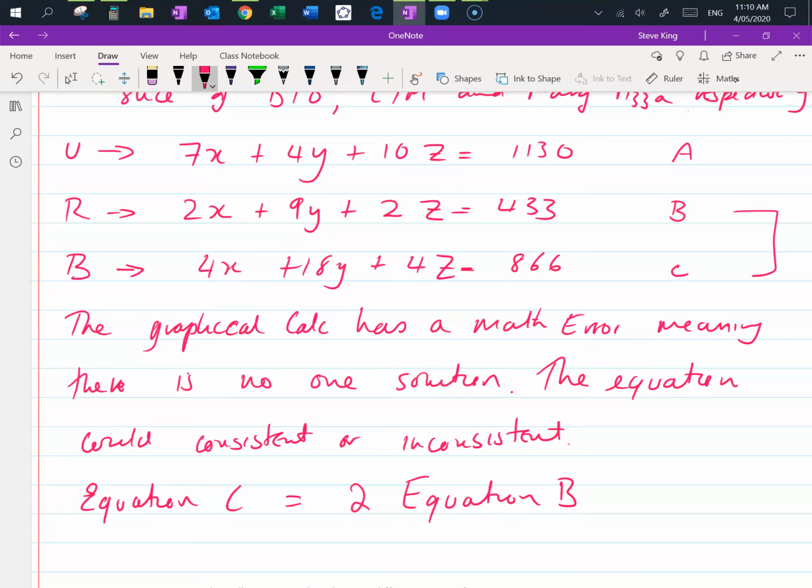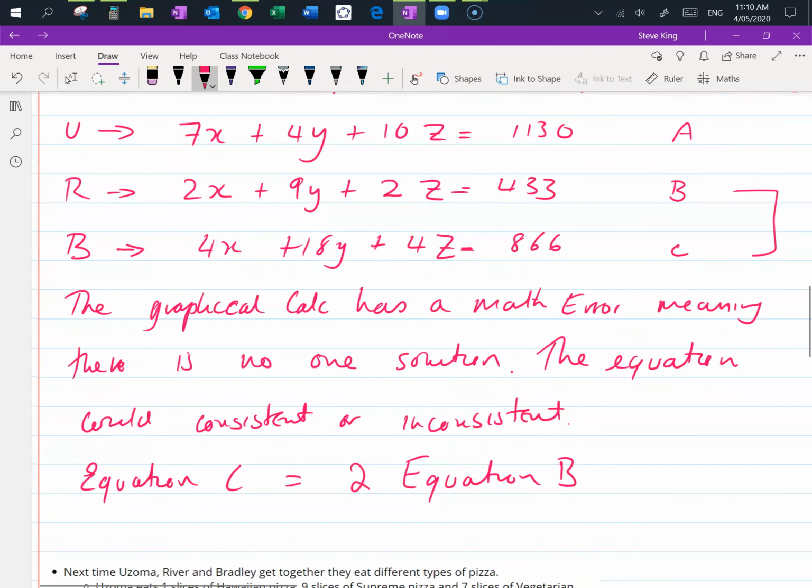Now, what does that mean? Well, if we think back to the work that we did on planes, both equation B and equation C represent planes. And those planes are basically parallel.